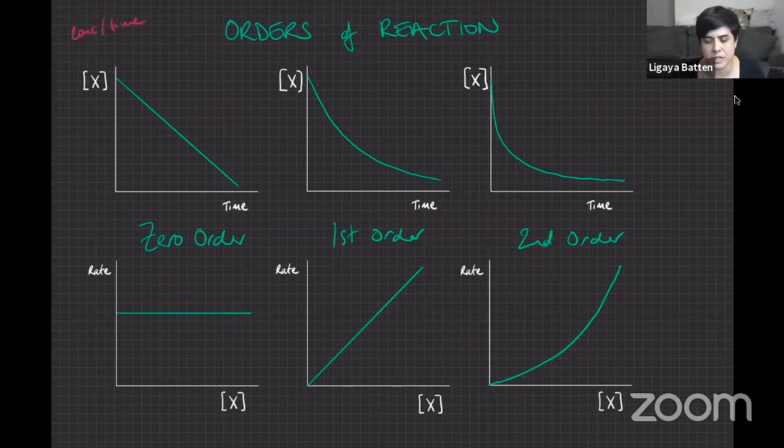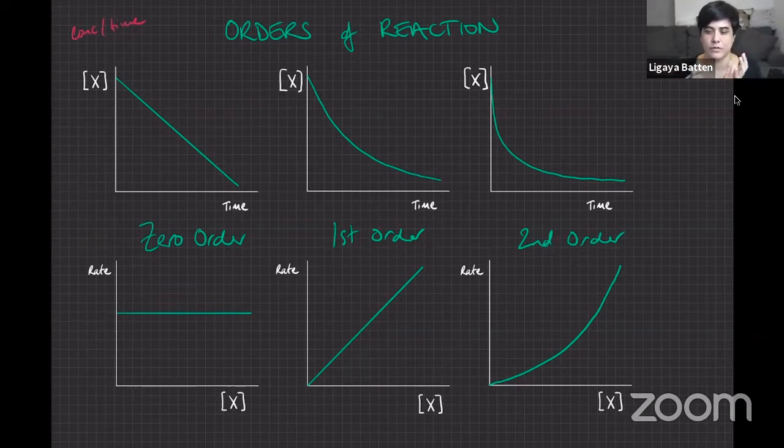So what these are showing is that as the reaction progresses, we start with quite a lot of X. The concentration of X is high at the beginning, and in all of them, the concentration is going down. But in the first one, the concentration of X is going down in a straight line. So as you get less X, it's not affecting how quickly X is going down.